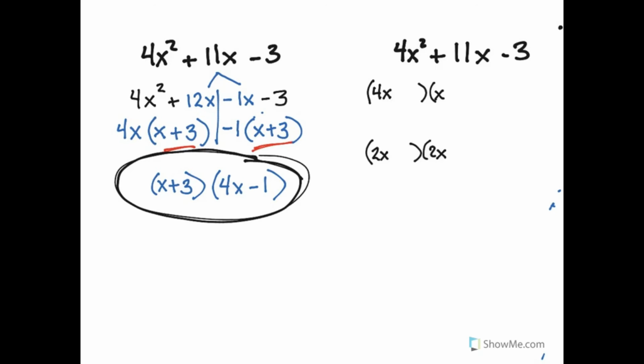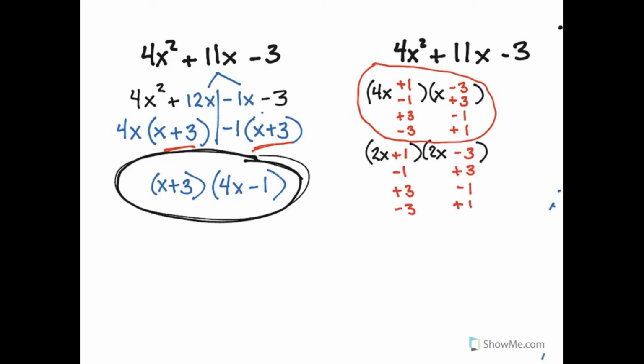Negative 3 comes from either plus 1 times negative 3 or negative 1 times positive 3, or positive 3 times negative 1, or negative 3 times positive 1. So I would check 4 possibilities for the first 4x times x, and then the same 4 possibilities for the second combination of 2x times 2x.